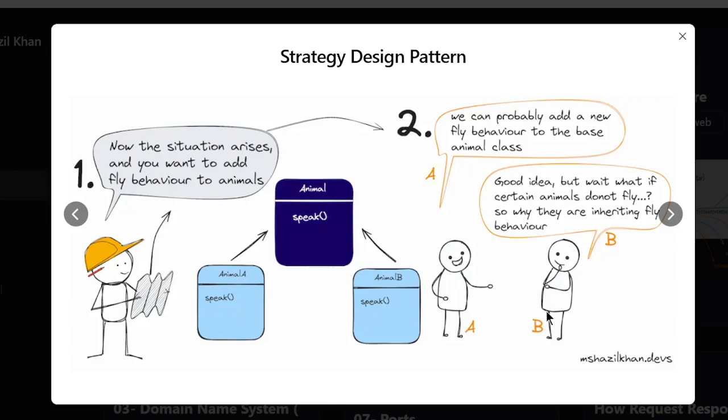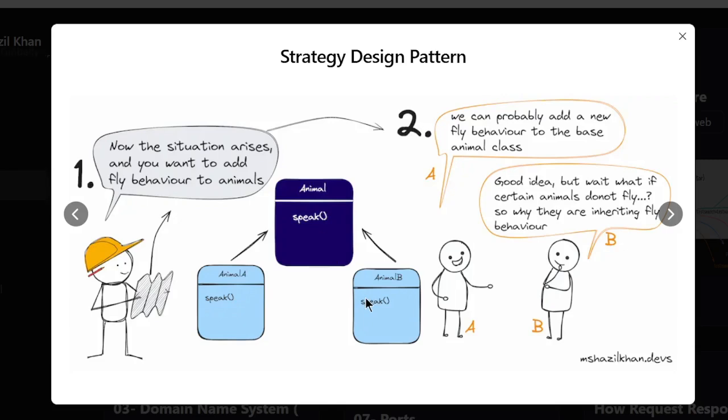But let's see what developer B is thinking about. He's saying, good idea, but wait, what if certain animals do not fly? Why would they inherit the fly functionality? Developer B is thinking in a different manner. From the two animals, animal A and animal B, what if in future we have certain animals that do not fly?